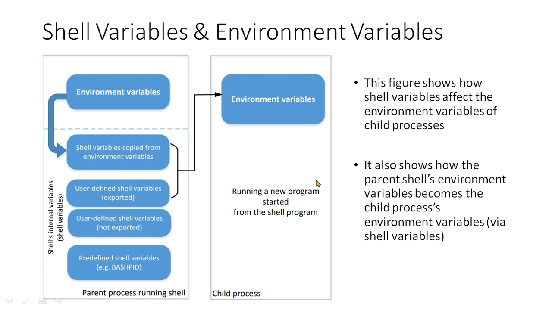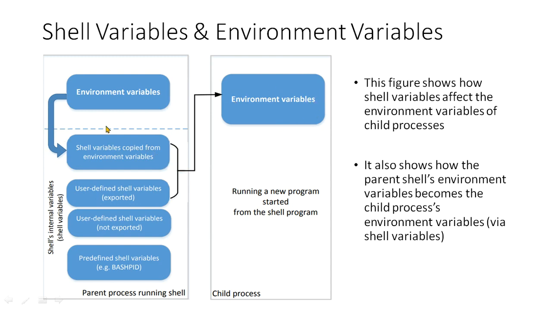So to summarize what we have in these diagrams, we have a parent process. When the parent process runs, all the environment variables are copied into its shell variables. And when we run a new process, a child process, then these shell variables will be copied and become environment variables of the child process.